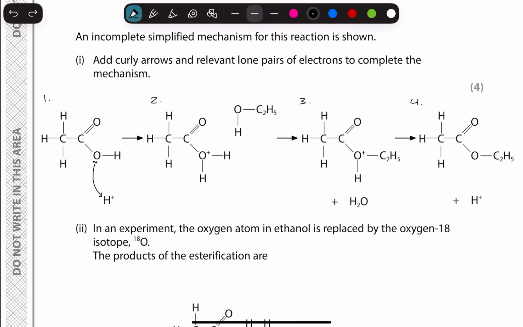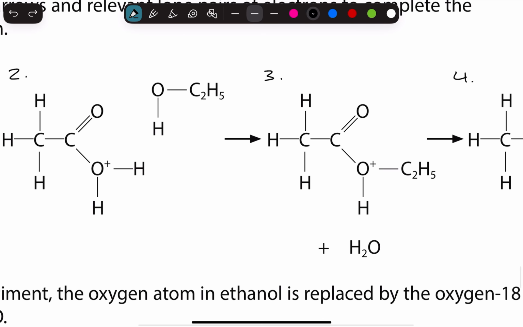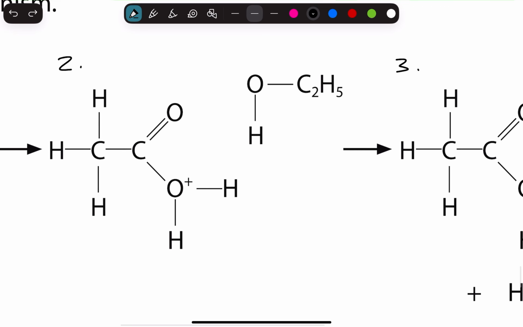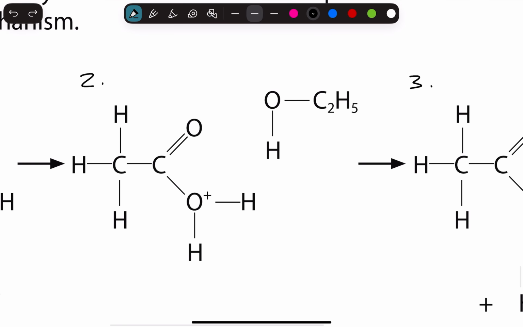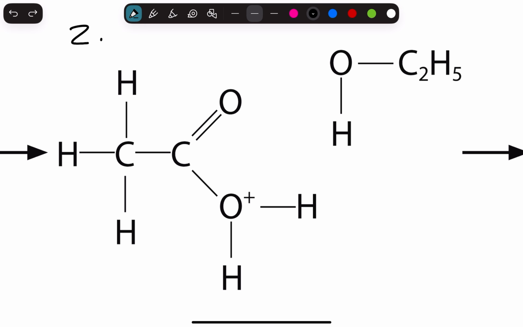Now, the second one is slightly harder. So the difference between the second and the third. We can notice that this group here has replaced this water group here, right? So we need to find out how that's happened. The first thing we should notice is this carbonyl group here.